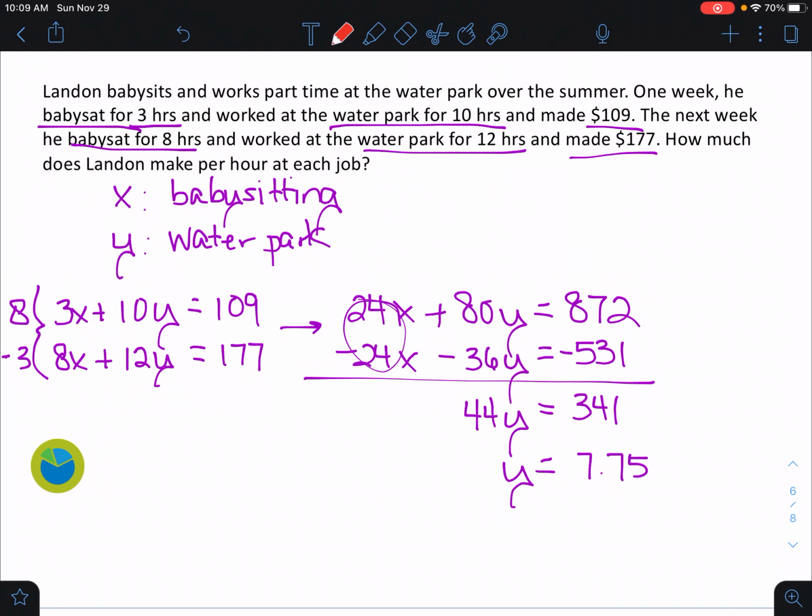So let's see, how about the top one? We've got 3x plus 10 times 7.75 equals 109. Oops. So multiply this, we would get 77.50.